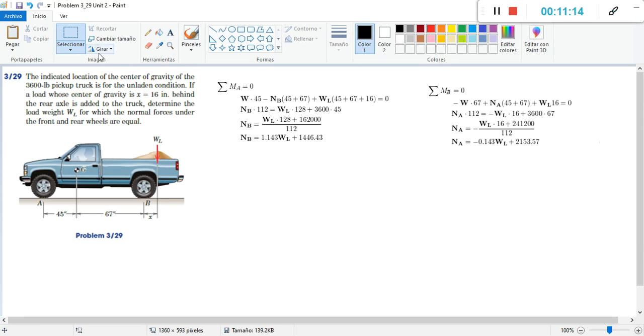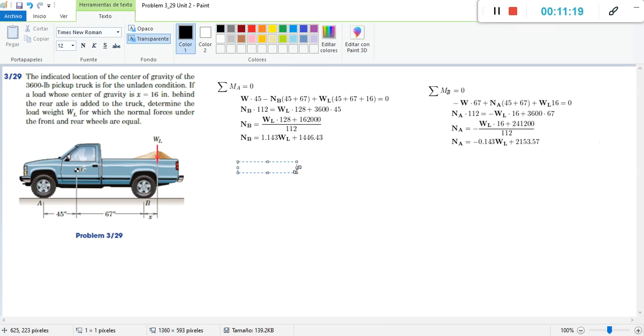So to calculate here, we have that NA is equal to NB. So because of this, we have the next equation. It is the same as this, so we can copy this.